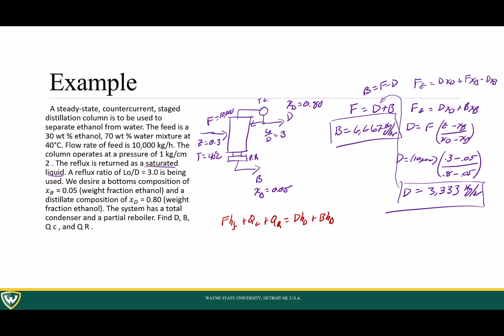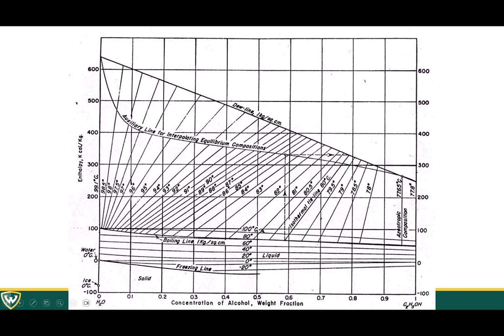Again, we're going to end up needing all these H's. So let's go to the enthalpy diagram. We have the information for all these. So let's go to the diagram that I have over here. The information given was that our feed is at Z equal to 0.3 and our temperature is equal to 40.